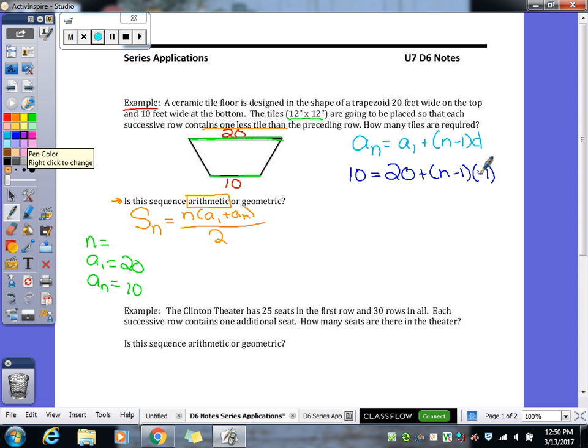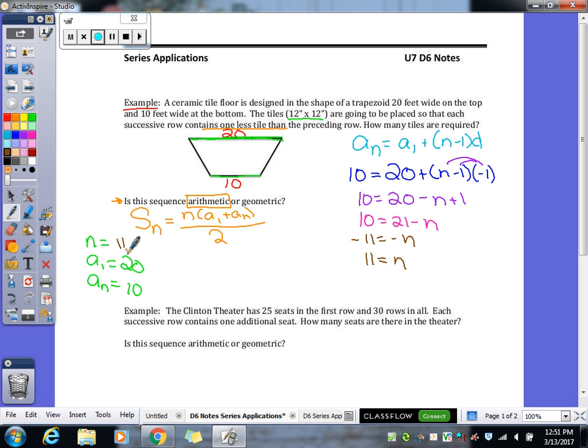Now we can solve for n. I distribute my negative 1 first, so I get 20 minus n plus 1. My 20 and plus 1 give me 21. Subtract the 21 over, and then divide by negative 1, which means n is a positive 11. So we end up with 11 rows.